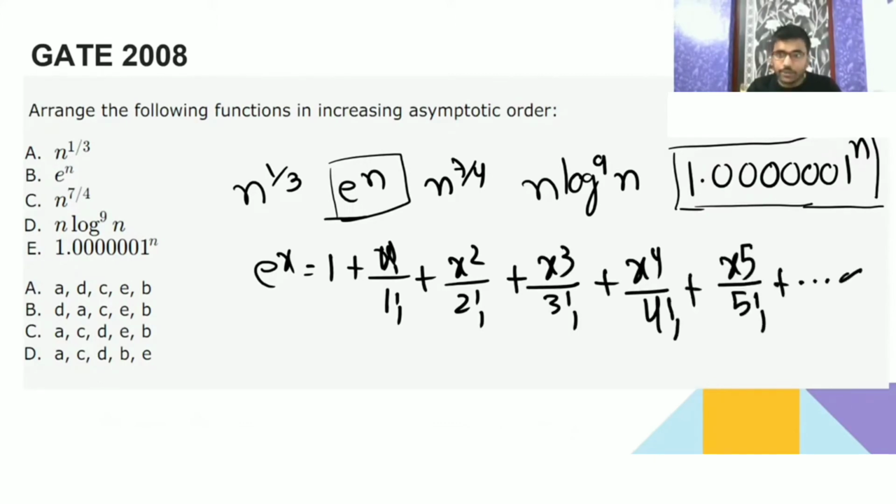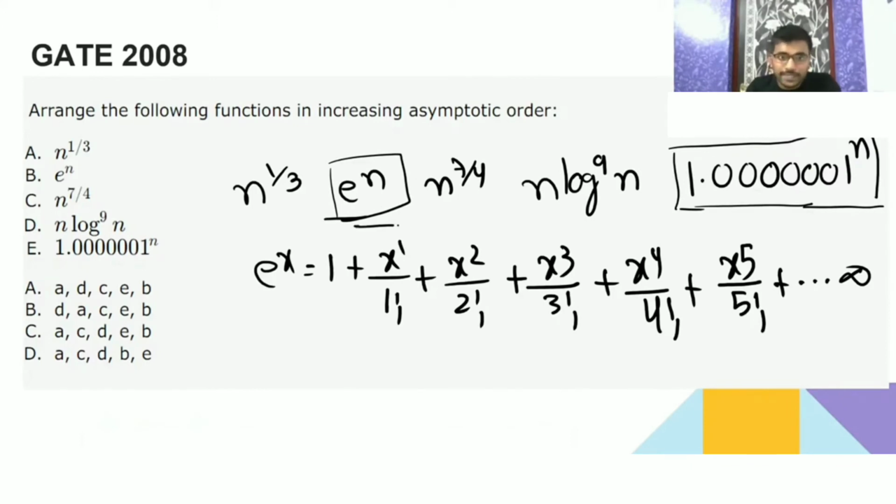Like this it will keep on going till infinity. So if you see here, it is e to the power n, so n by 1 factorial, then n square by 2 factorial, then n cube. So it is going to be the bigger term than this one.